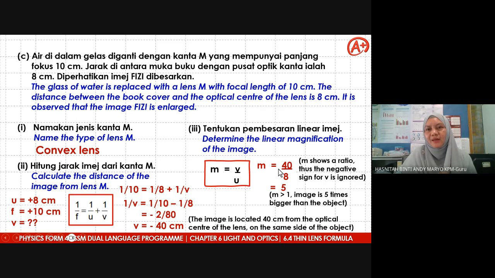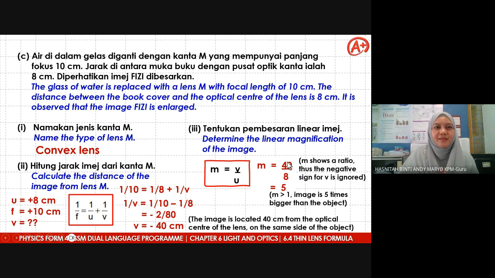So 40 divided by 8, where 40 is the image distance and 8 is the object distance, gives you 5. So now M is greater than 1, which is 5, so we understand the image is magnified. How many times? 5 times bigger compared to the actual size of the object.